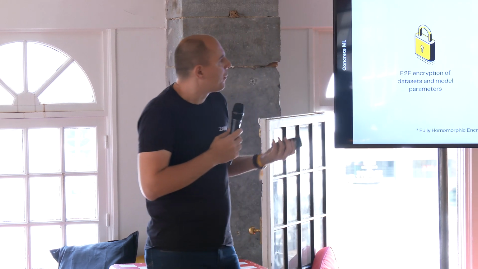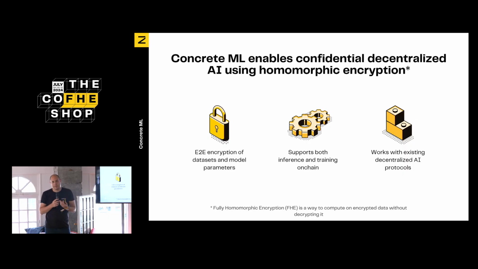So Concrete ML is a machine learning framework that converts models that work on clear data to FHE programs that implement the same type of functionality, inference or training, but on encrypted data. And Concrete ML does this by using FHE, Fully Homomorphic Encryption, which allows processing of data in its encrypted form without decryption.